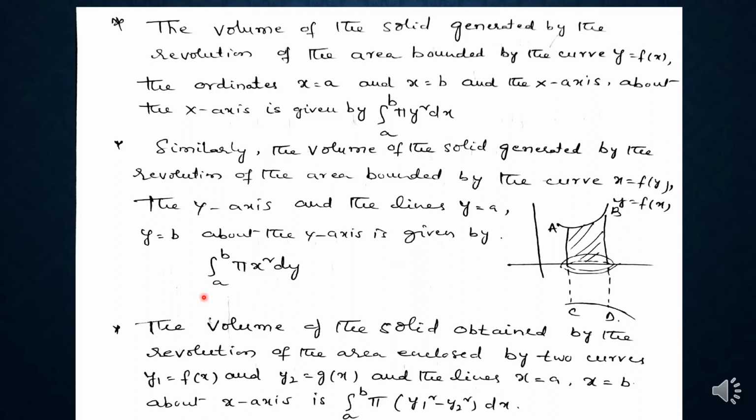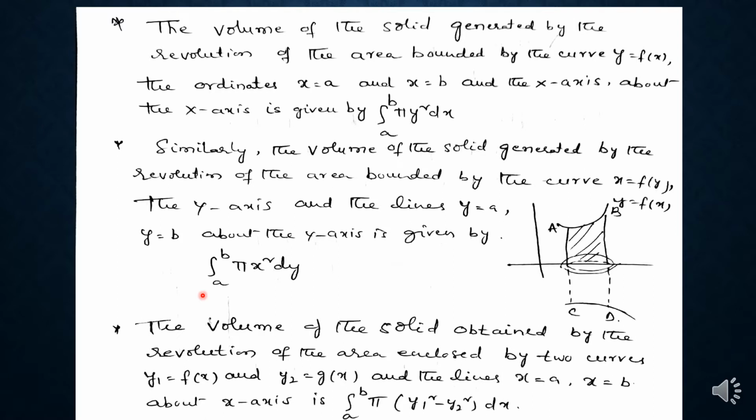And to find the volume of the solid obtained by the revolution of the area enclosed between two curves f of x and g of x, and the lines x is equal to a, x is equal to b, about the x-axis is integral a to b pi into y1 square minus y2 square dx.